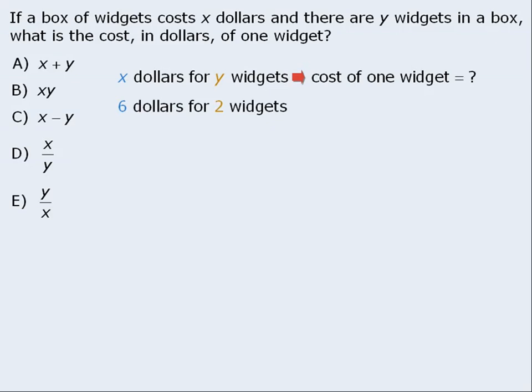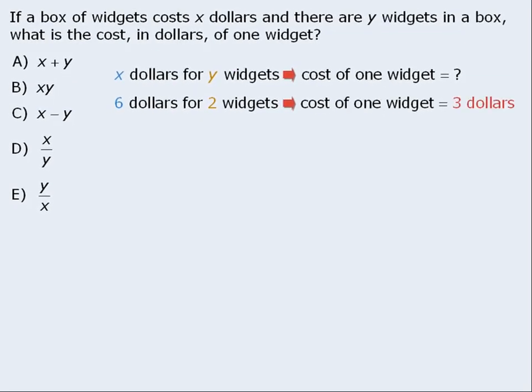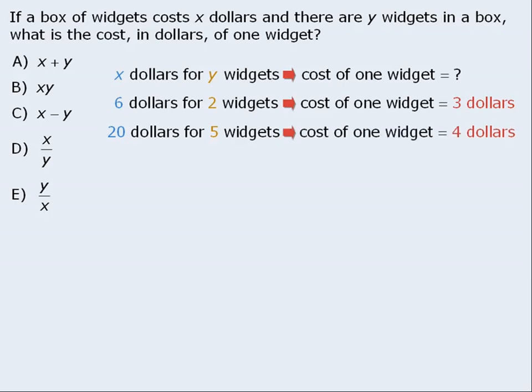For example, what if it costs $6 to buy a box of 2 widgets? Well, if this were the case, then the cost of one widget would be $3. What if it costs $20 to buy a box of 5 widgets? If this were the case, then the price of one widget would be $4.